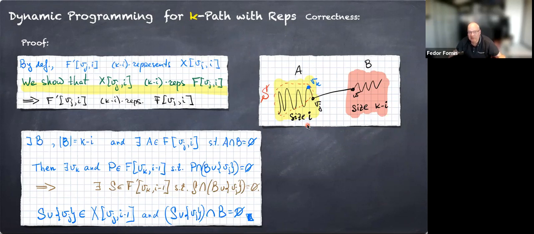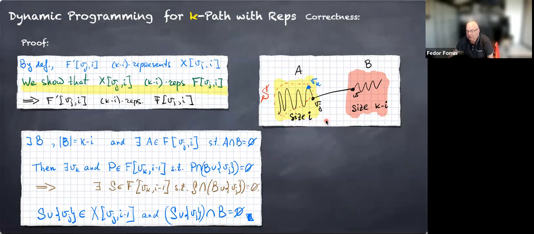What does it mean that this set belongs to this family? By definition, there is a path which ends in vertex v_j, and this path uses all i vertices of the set A.